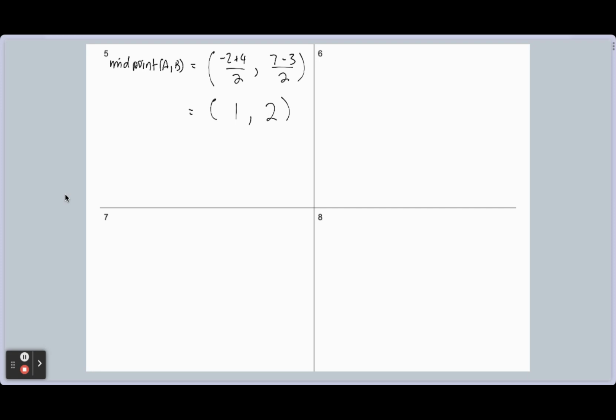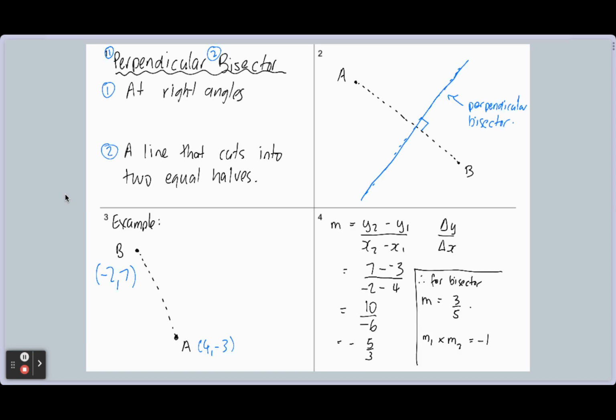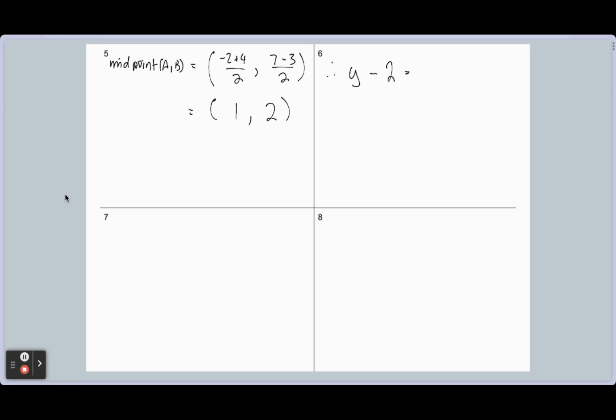Now, if you're not directly given the y-intercept, I suggest that you put it into point gradient form. So we can say, therefore, y minus the y coordinate, which is 2, is equal to, I think it was 3/5, wasn't it? Yeah, 3/5 outside of x minus 1. So this is y minus y1 equals m outside of x minus x1.